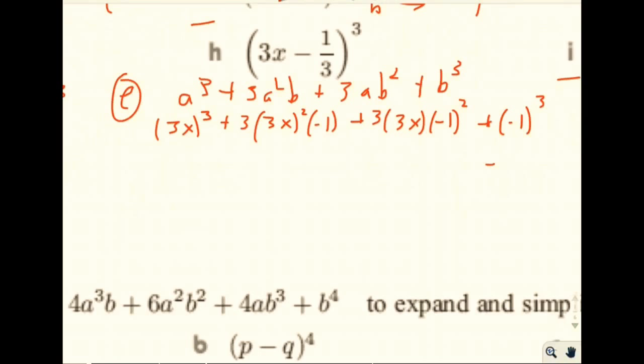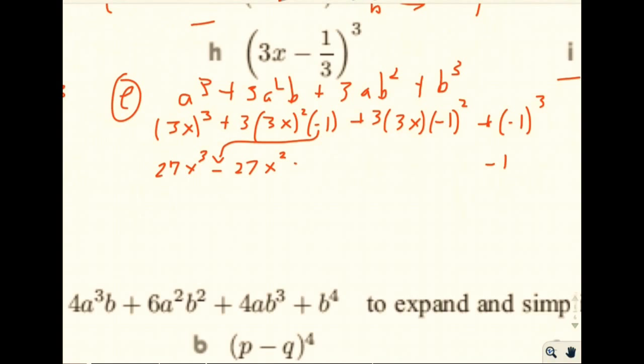Negative 1 cubed is negative 1. 3x cubed is 3 cubed times x cubed, so that would be 27x cubed. 3 squared x squared negative. So the negative from here, we can put it out in the front. 3x squared would give us 9x squared. 9 times 3 is 27.